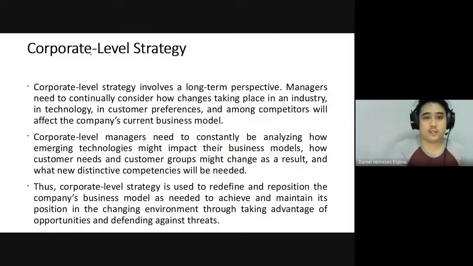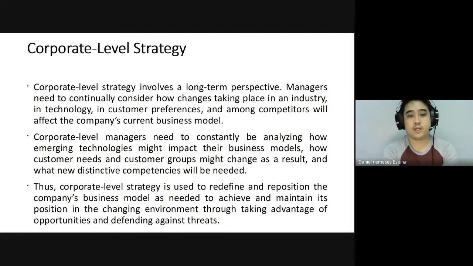So corporate level strategy involves a long-term perspective. So managers need to continually consider how the changes are taking place in an industry, in technology, in customer preferences, and among competitors will affect the company's business model. So the current company's business model is not static. So from time to time pwede na siya mag-change. Depende sa situation sa environment.